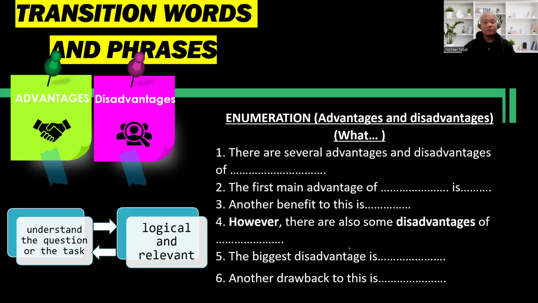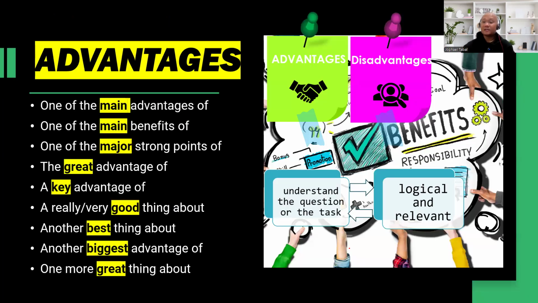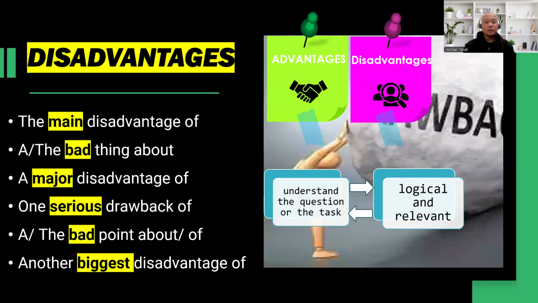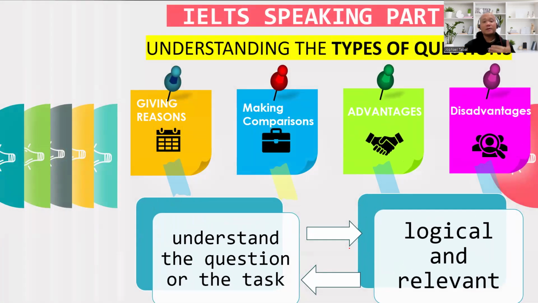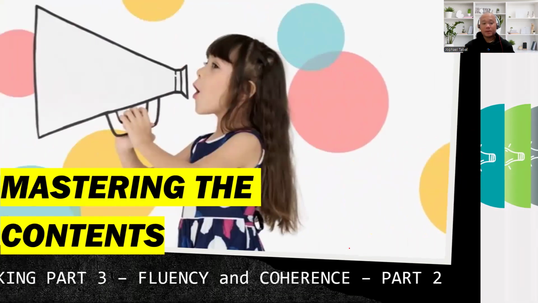And finally, for questions about advantages and disadvantages, the candidate must use transition words and phrases that show benefits and drawbacks. That is the main reason why the candidate must understand the three general types of questions in IELTS speaking part 3.